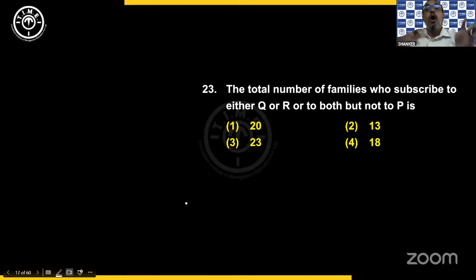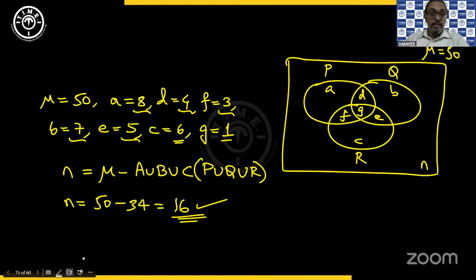I need Q or R, combining both Q and R, but never inside P. So when he says never inside P, these are the three values you have to consider: B, E, and C. Because when he said not P, what are all the alphabets inside P? A, D, G, F. Understand the region. I need Q or R or Q and R, but not P. Are you understanding? So understand the region representation, then it becomes easy to answer.